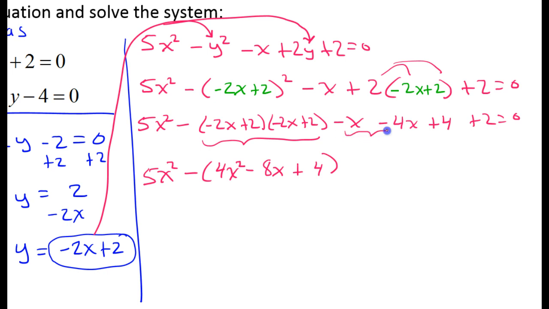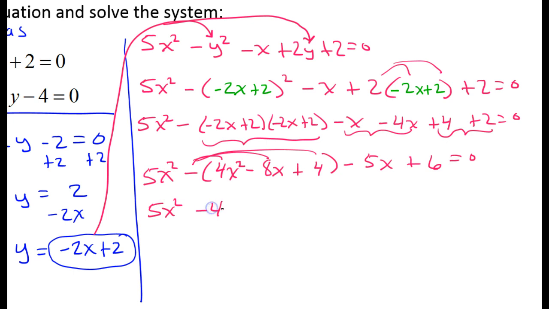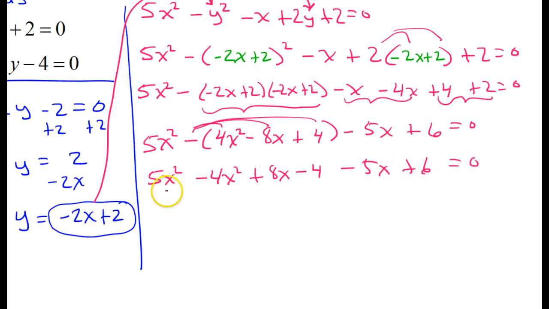Alright, might as well combine these like terms. So that's -5x. Might as well combine these like terms. So that's plus 6 is equal to 0. Now I will distribute the negative sign as I mentioned earlier. So I'll have 5x squared minus 4x squared plus 8x minus 4 minus 5x plus 6 is equal to 0.